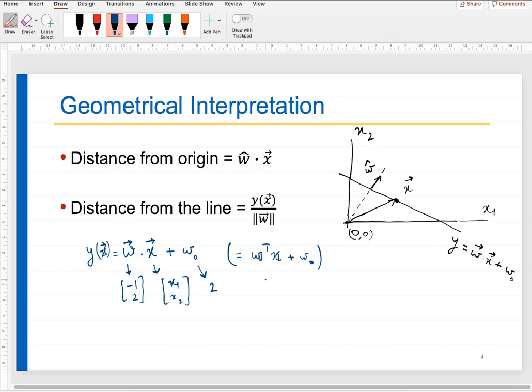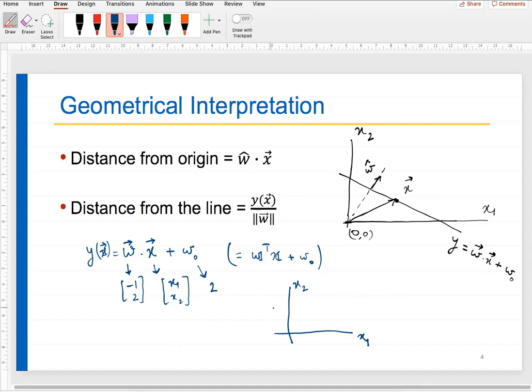How will this line look? How will you go about it? Can you plot this line on the x1, x2 plane? It's simple.